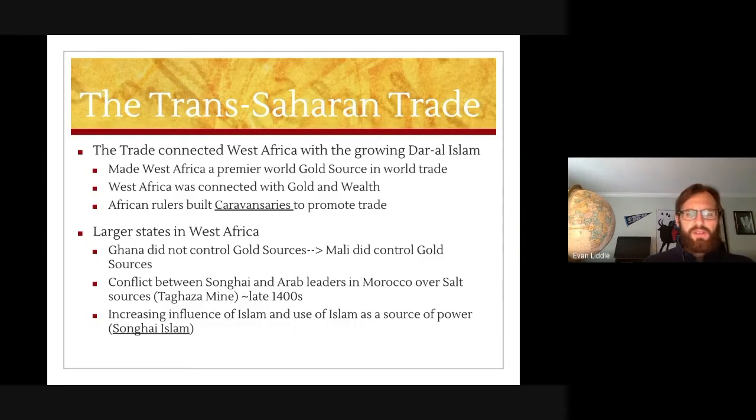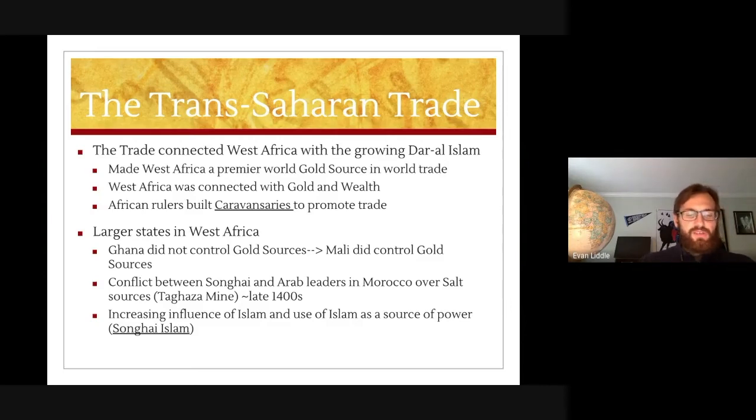Although it should be noted that the initial kingdom that the Islamic people came in contact with, Ghana, did not actually control their source of gold. Future leaders would control the source of gold. But the desire for these rulers to promote trade and promote their connection with the Islamic world did sometimes lead to conflict, such as between the Songhai Empire and the Arab leaders in Morocco over sources of salt in the late 1400s.